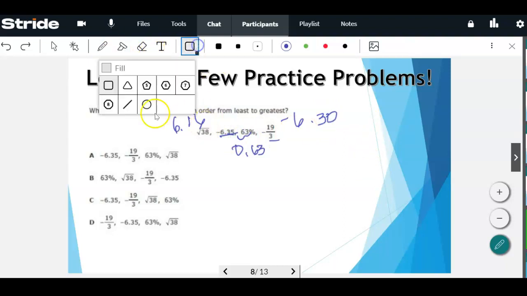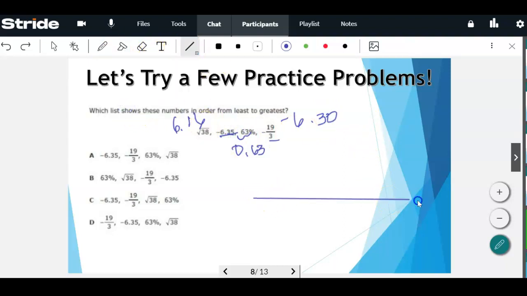And just remember, when you have a number line and this is negative 6, here's negative 7. These are getting smaller as they go to the left because 0 is over here. So these are getting smaller. So the 6.3 would be on this side, and then 3, 5 would be over here.